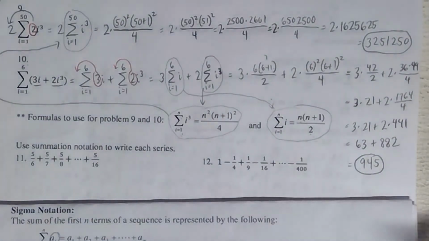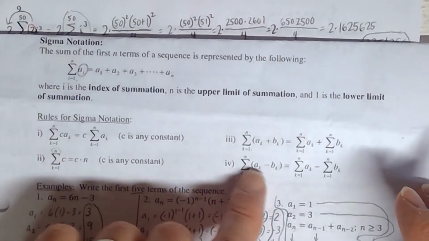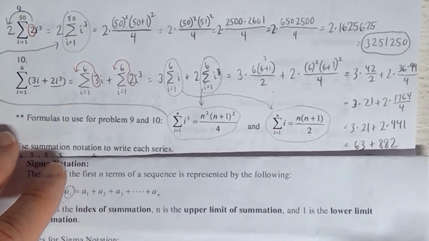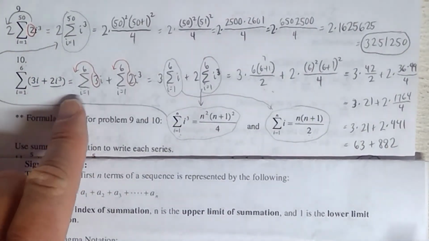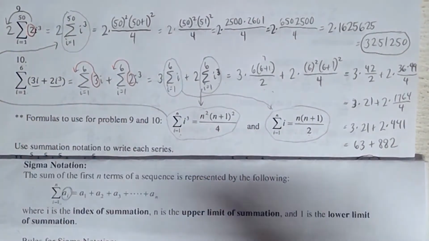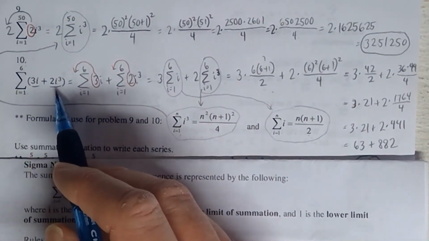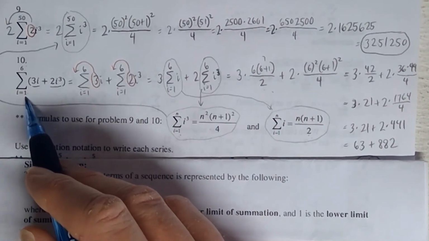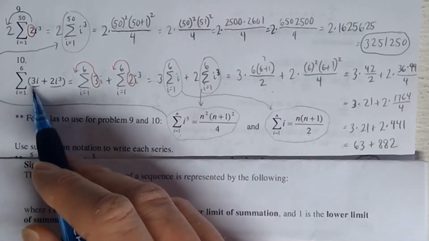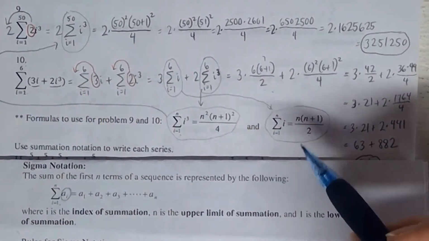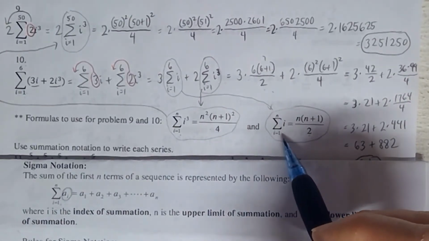So, by utilizing these rules and these formulas, you can then figure out what some of these bigger polynomials are equal to. As long as there's a 1 on the bottom, you can do that. You can do the thing where you split it apart until you finally have the I and the I cubed.